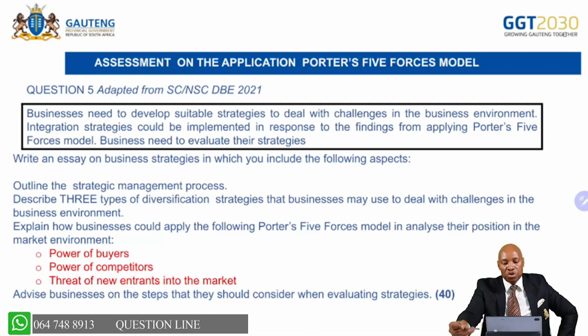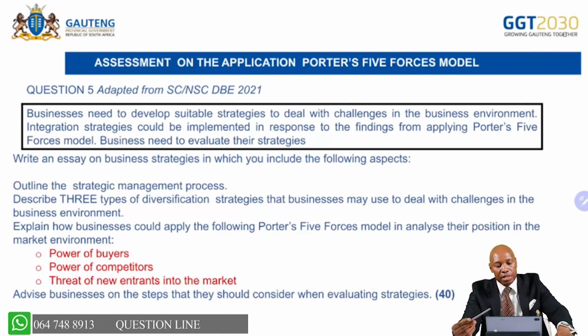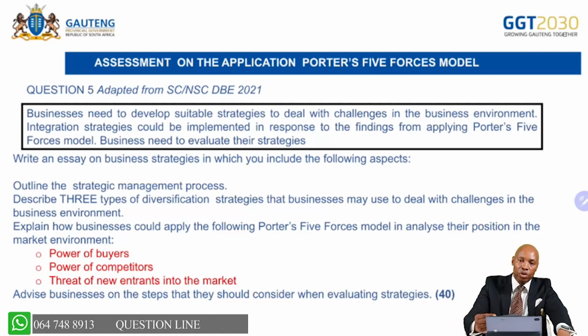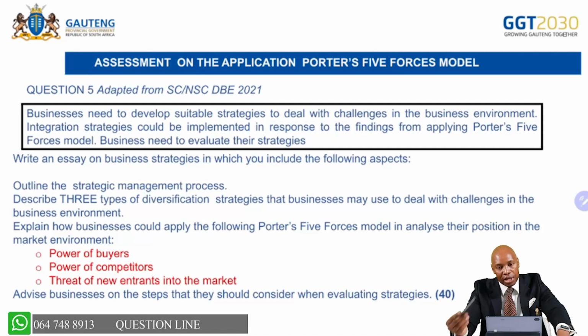In your question 5 and question 6, you normally get a preamble. Candidates, please read the preamble with understanding and do not repeat the preamble in your introduction or in your conclusion. Please do not steal from the preamble. This is not a scenario, it's a preamble.